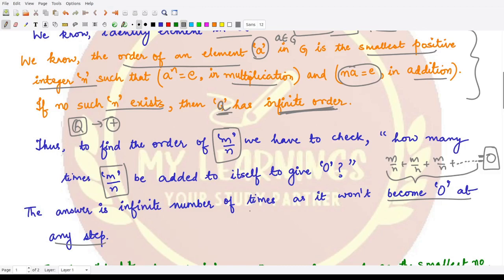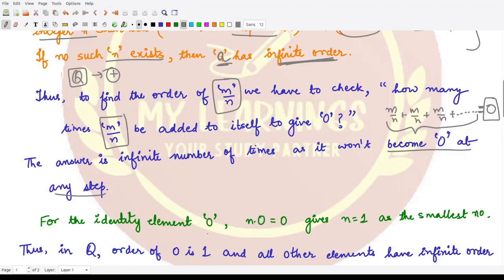But is it true for all the elements here? The answer is no. Why? Because for the identity element 0, you can write it like this: n into 0, which is 0. Here n is equal to 1, which is the smallest such integer, because you can write 1 into 0 is equal to 0.